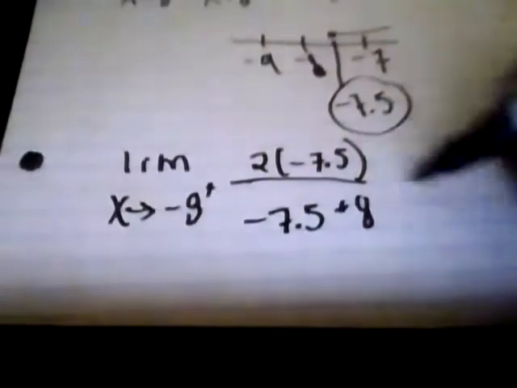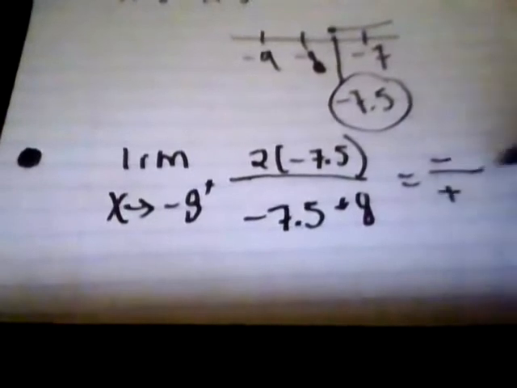So the limit as x approaches negative 8 from the right is equal to 2 times negative 7.5 over negative 7.5 plus 8. The top is going to be negative, the bottom is going to be positive, so it's negative over positive. The answer is negative infinity.